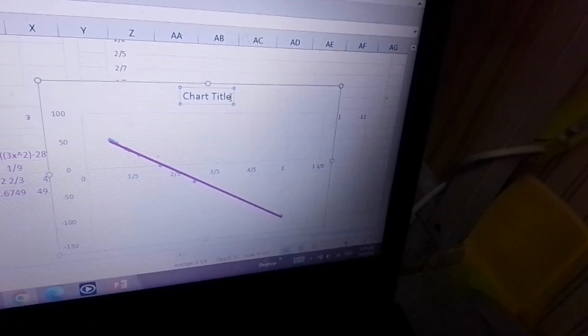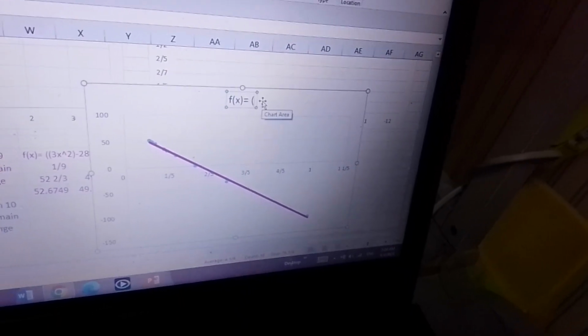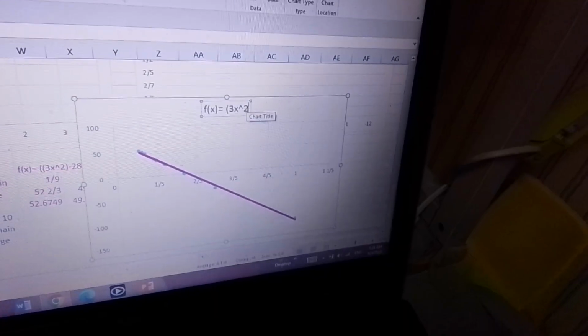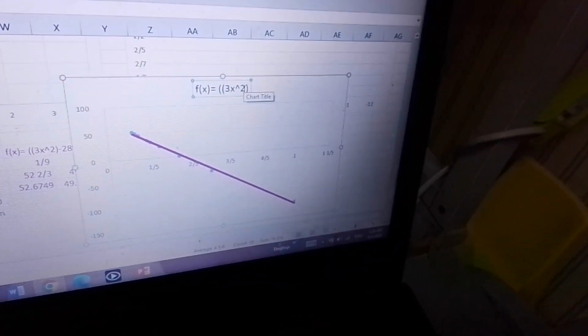Now, let's input the chart title. Our chart title will be the formula, right? Let's put the title so people will know what the title of the graph is all about. So let's put f of x is equivalent to 3x squared 2. That one should come first. But we have to double that because, remember, it's in parentheses.